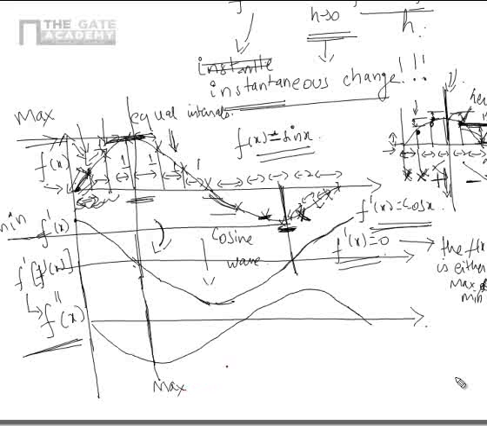At the max point, f double dash of x will be negative. At the min point, f double dash of x will be a positive value. These are very important conditions to remember.